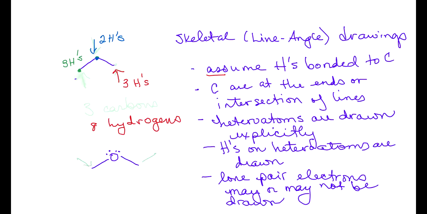Since I only have one bond, I have 3 hydrogens and 3 hydrogens. So if I drew out my condensed structural formula, this would be CH3, O, CH3. Okay. So that's how we do line angle.